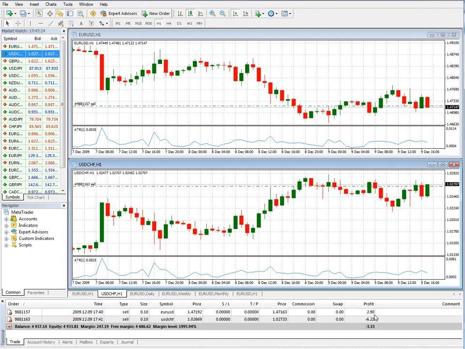When it moves into a profit, then you might want to sell the US dollar Swiss franc, and that will help to protect some profit, because if the euro dollar US dollar moves against you and starts to go up, the US dollar Swiss franc starts to go down, then you have an opportunity to grab some profit.